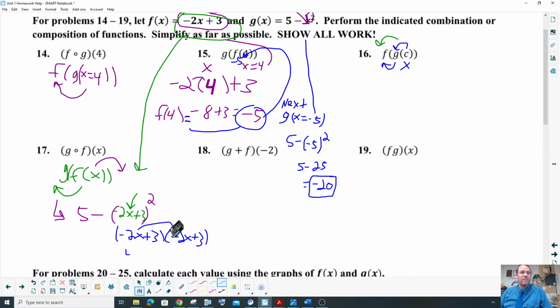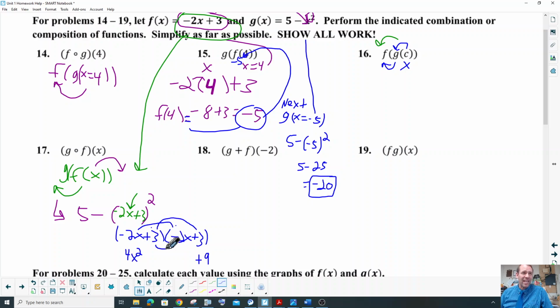So negative 2 times negative 2 is a positive 4. X times x is x squared. And at the end, we got our last terms. FOIL, first and last. So 3 times 3 is 9. That's going to go at the end here as a plus 9. That's our eyes. Now we're going to do the nose.